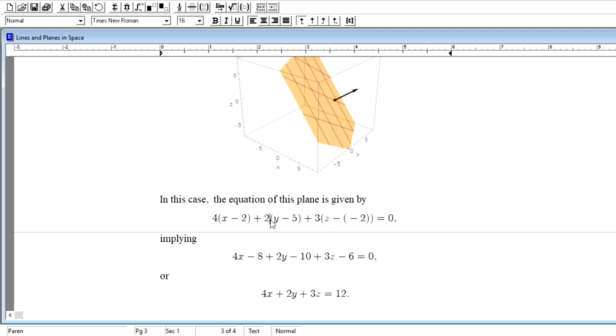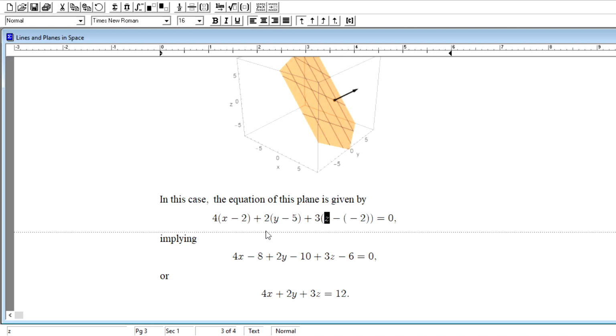Substituting in 4, 2, and 3, our description of direction, into that formula at these locations, and substituting in 2, 5, and -2 into these locations in the formula, which give us the description of location on that plane, I can prepare this equation for that plane, where you'll notice x, y, and z are playing the roles of the variables.